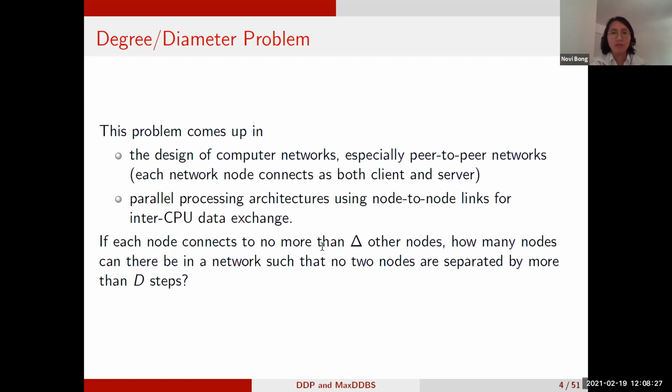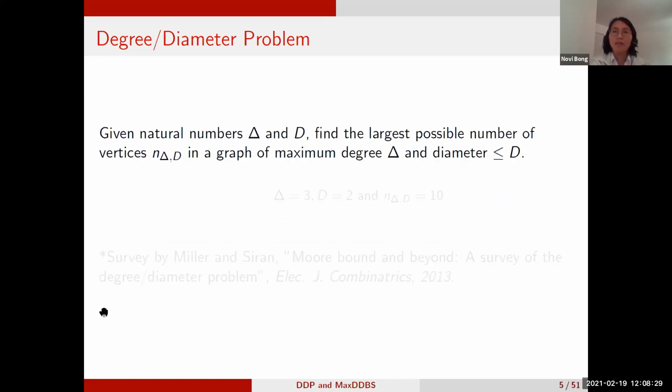Formally, the problem is formulated as follows. Given natural numbers Delta and D, find the largest possible number of vertices N(Delta, D) in a graph of maximum degree Delta and diameter at most D. So this is the maximum degree, and this is the diameter.